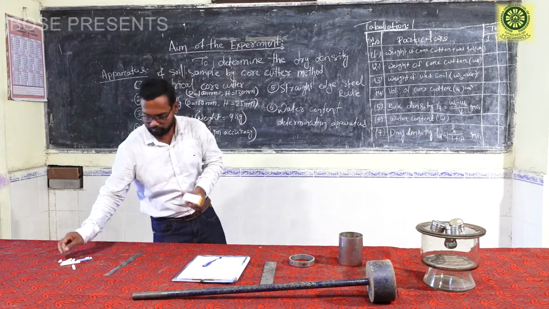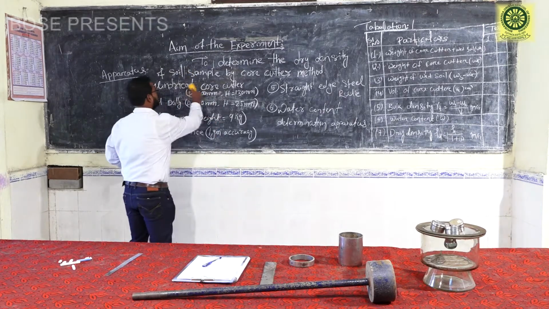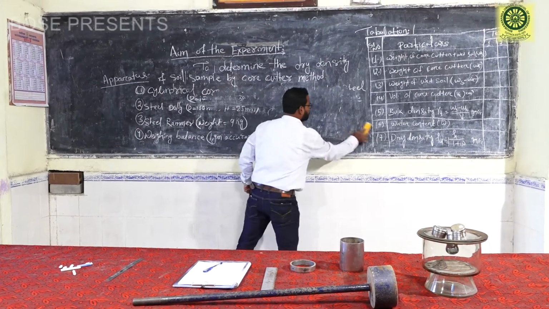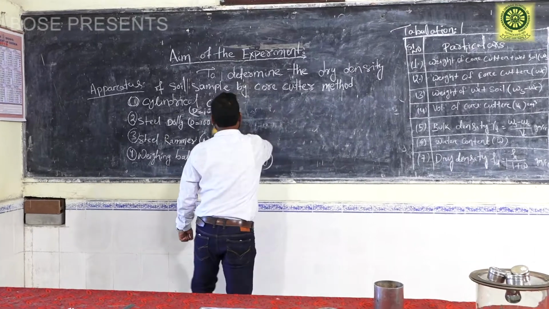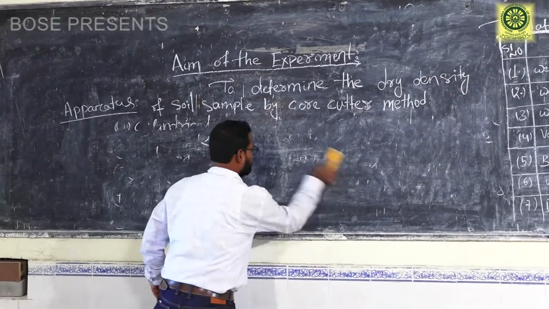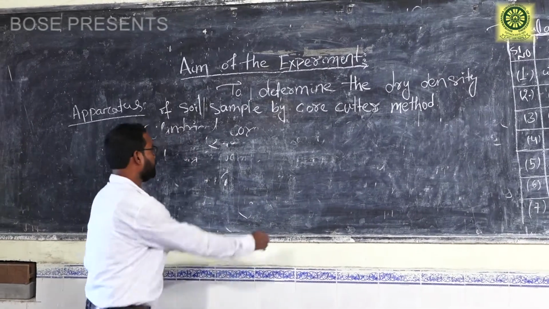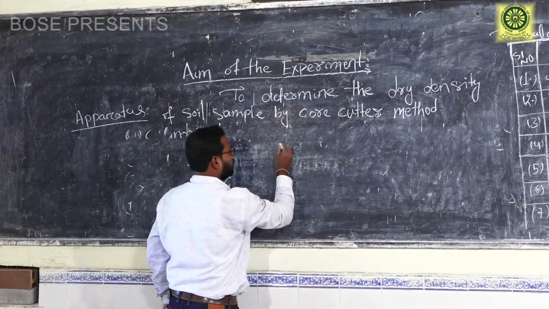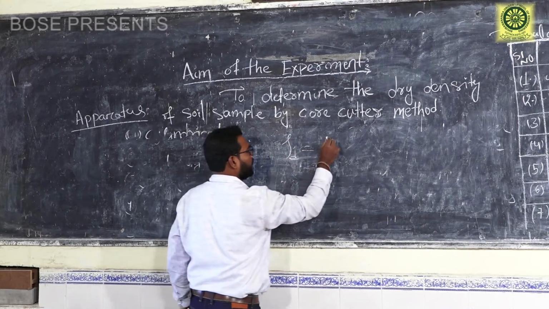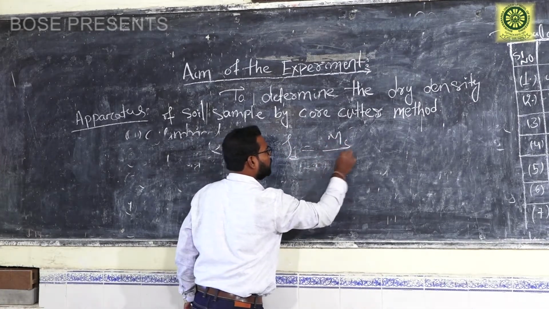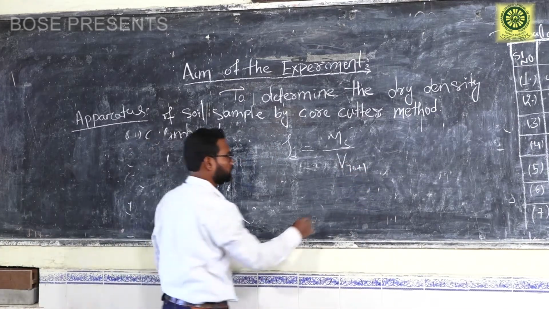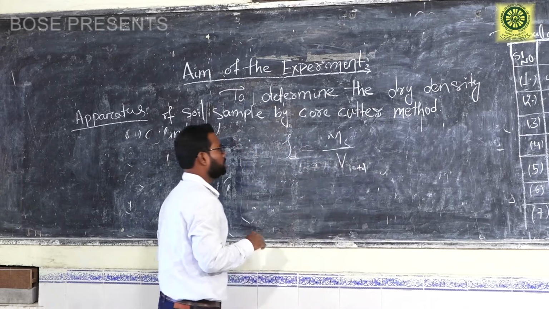Let me explain. The definition of dry density is the weight or mass of solids to the total volume of the soil sample.